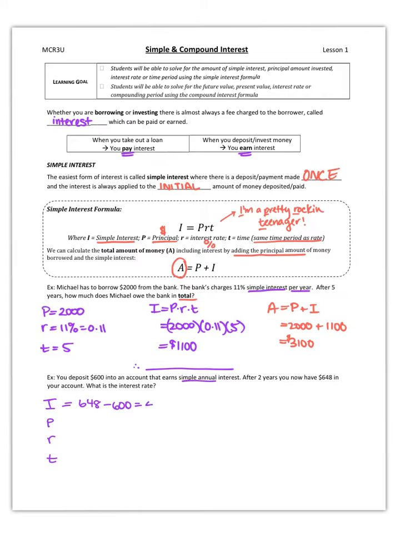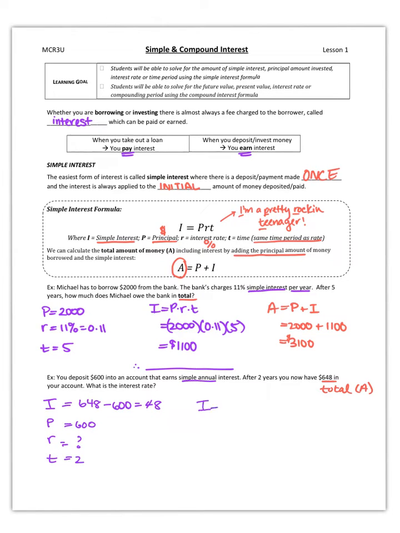So you actually earned $48 here because we initially deposited $600, but this value of $648 is representing your total, so your A value. So we just had to do a little calculation here to find the interest. And the rate is what we're looking for, and the time is 2 years.